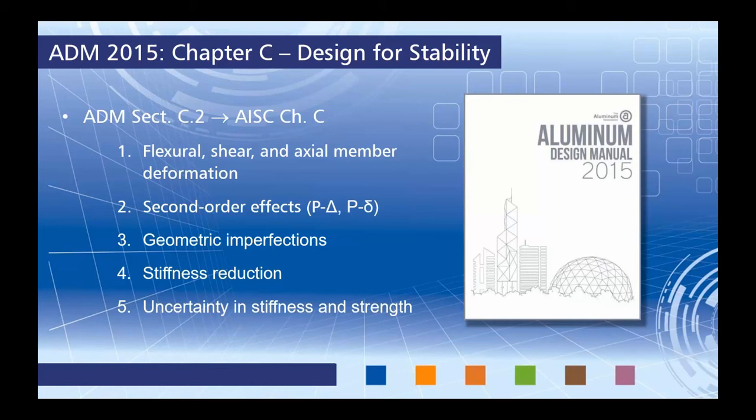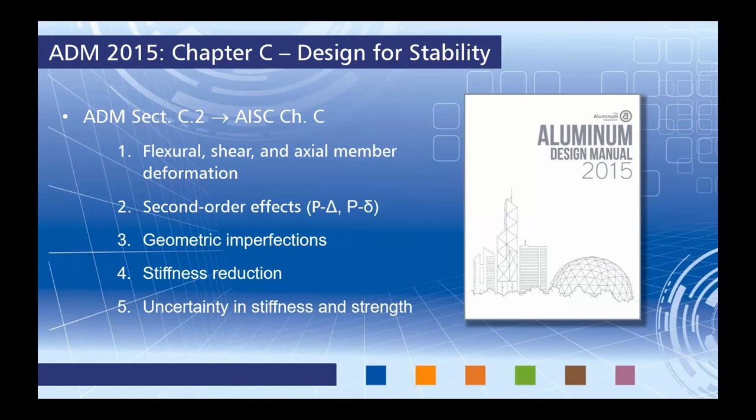There are 5 requirements that the ADM calls out for, and that's flexural, shear, and axial member deformations. That just means that the designer must determine whether connection deformations are significant and if they should take that into account with the analysis. Now, the second requirement is the second order effects of P big delta and P little delta. So P big delta, the ADM states, is included in most structural analysis software, which I think we all agree with.